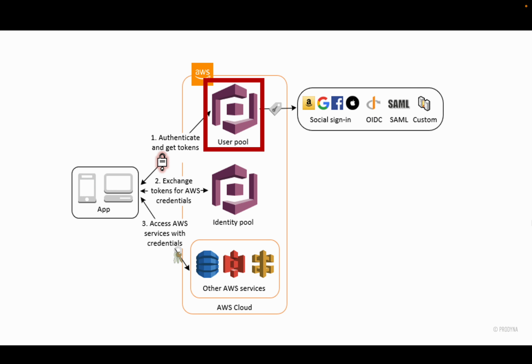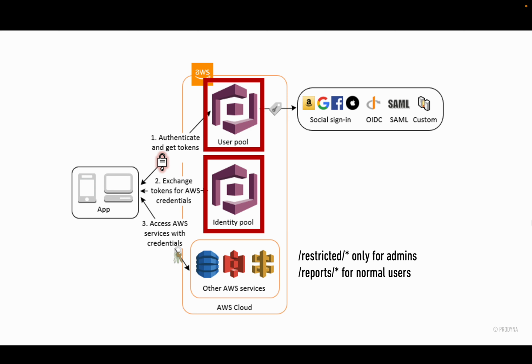In the user pool where your users are, your user can get the token, and then they can exchange this token for temporary AWS credentials in the identity pool, and then they can use these temporary AWS credentials to access other AWS services.